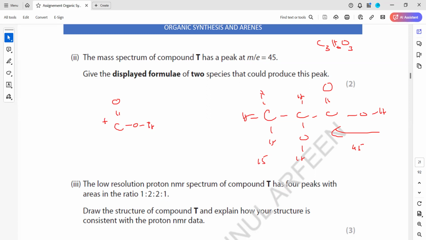Whenever in a mass spectrometer the peaks are due to an ion, don't forget to write the charge. So one might be due to the carboxylic group. And this is 15, plus 16, 16, 32, 32 plus 12, 44. So if you break from here, this might also make 45.